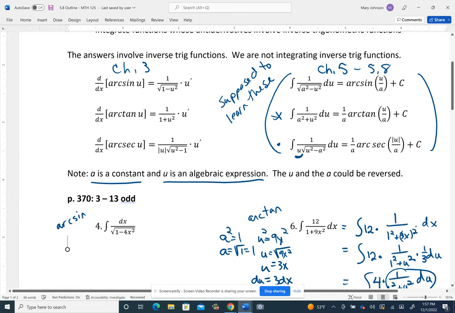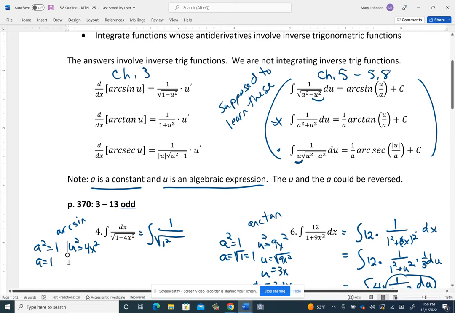Okay, and so on this one, I'm going to wind up trying to rewrite it so it looks like what I see the formula looking like. So I'm going to think of it as 1 over the square root of, the 1 is really the 1 squared. So the a squared is really the 1, and so a would just be 1. And then the u squared is what follows the minus sign, so it's just the 4x squared part of that.